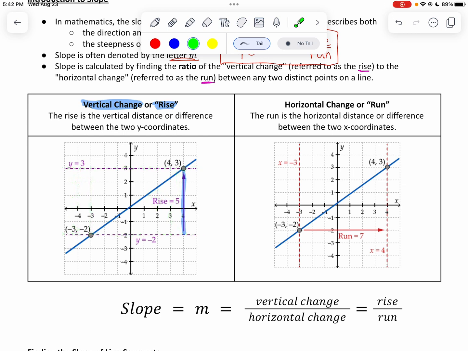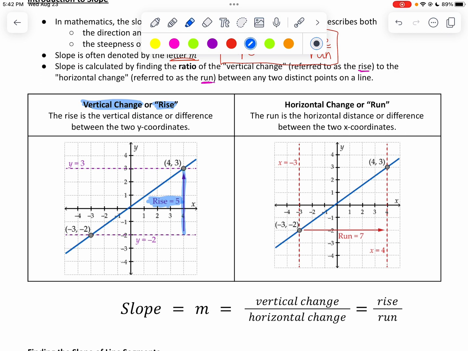Also 5 squares. So you're looking at the rise, the change in the vertical height between our first point and our second point, ignoring the horizontal travel. Because I've gone up by 1, 2, 3, 4, 5 squares, we would say that our rise is equal to 5. That's the vertical change.